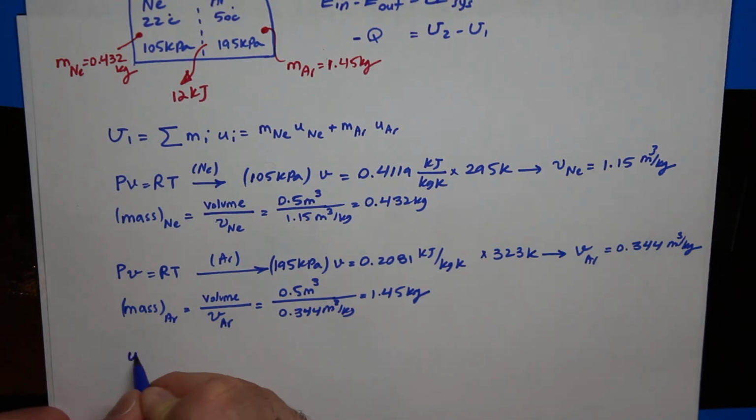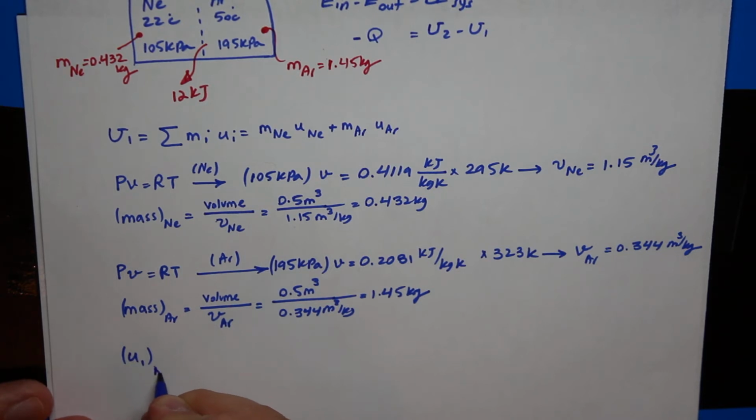So let's say U1, this is lowercase u1 for the neon gas is equal to CV, or specific heat at constant volume, multiplied by T, temperature, okay?